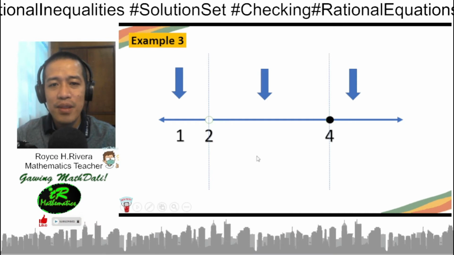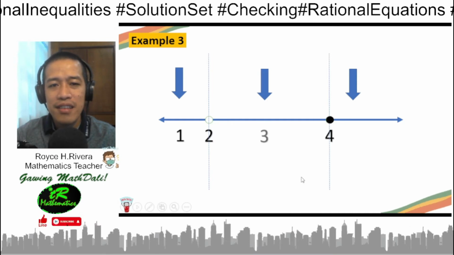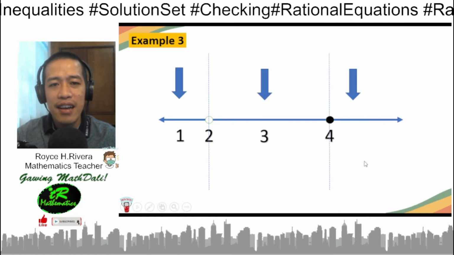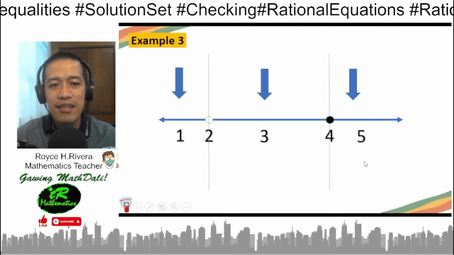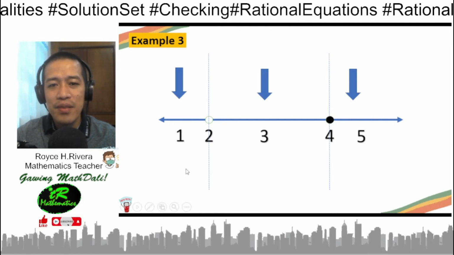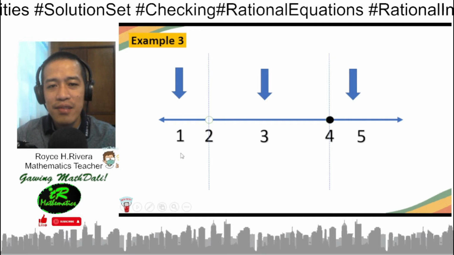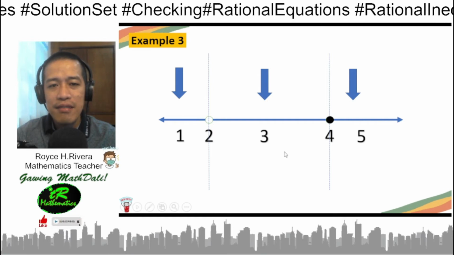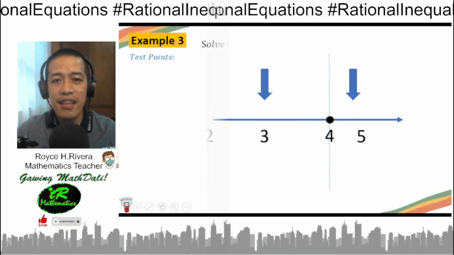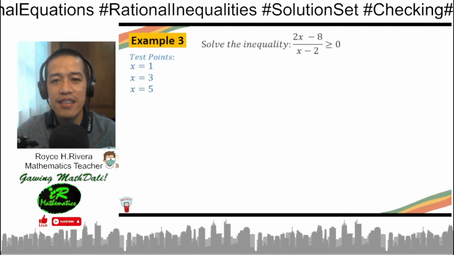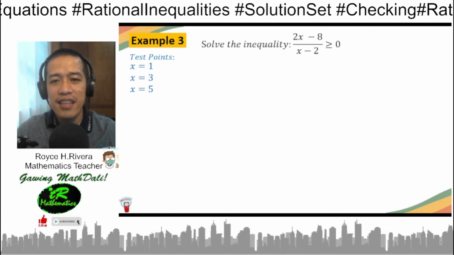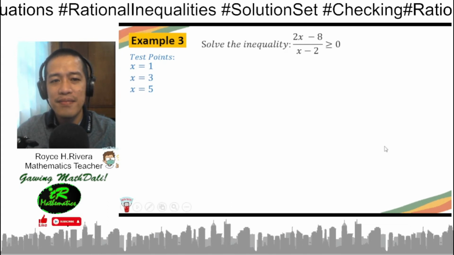In between 2 and 4, of course, there is 3. And to the right of 4, we have 5. Now, we test each value for each interval. Again, our test points are x equals 1, x equals 3, and x equals 5.